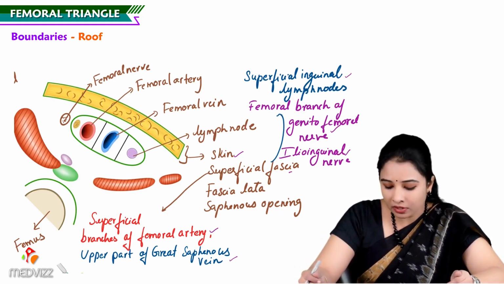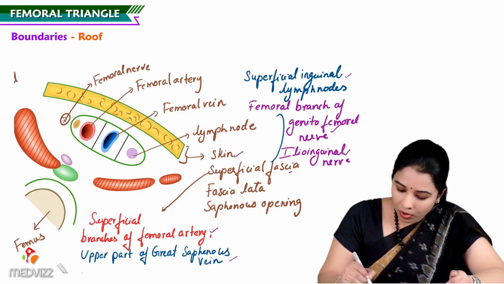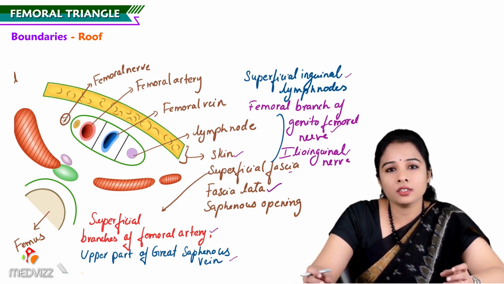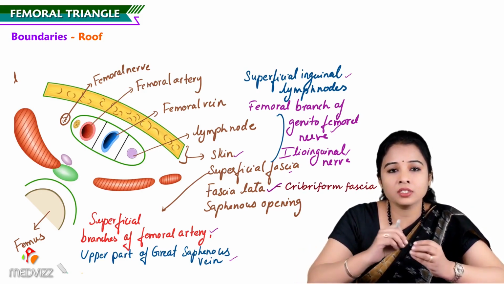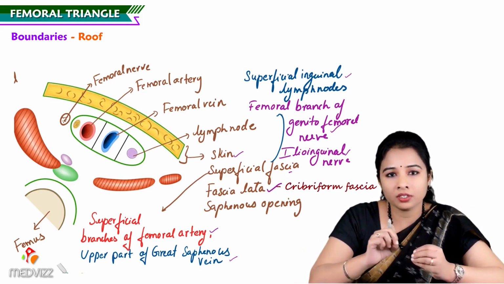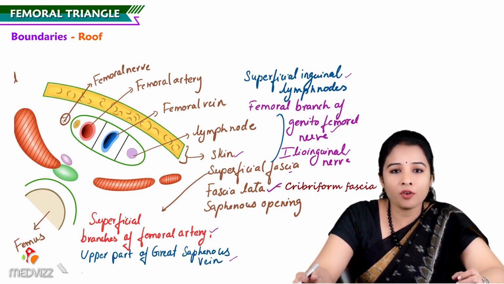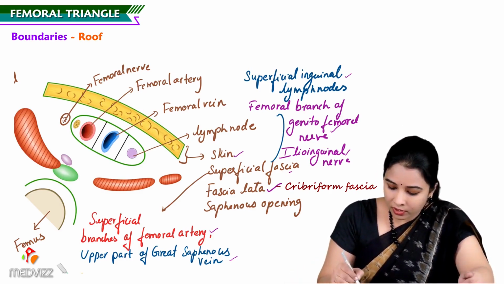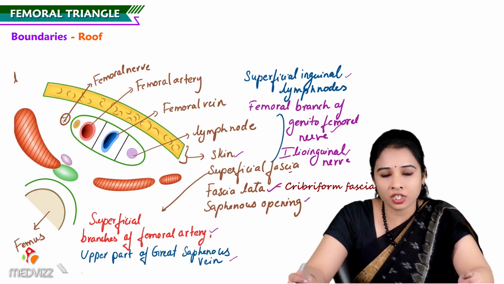Then deep to the superficial fascia, the deep fascia modifies as fascia lata. Fascia lata shows a cribriform fascia, meaning a fascia containing openings, holes, exposing an opening called the saphenous opening. And as we know, the saphenous opening is present within the fascia lata.